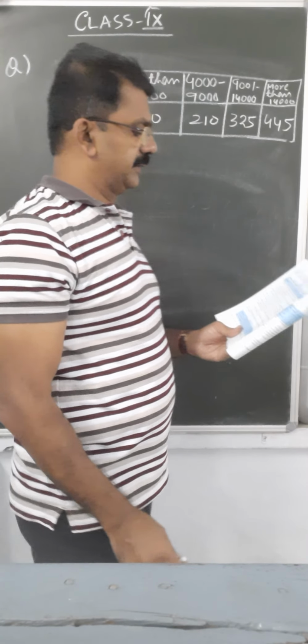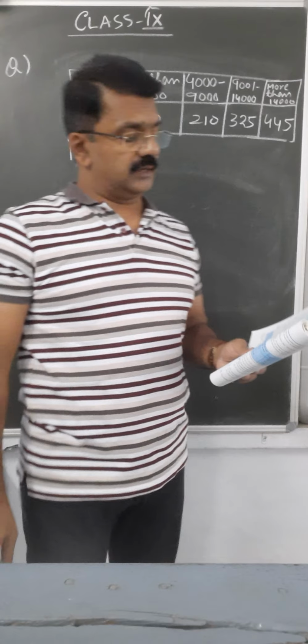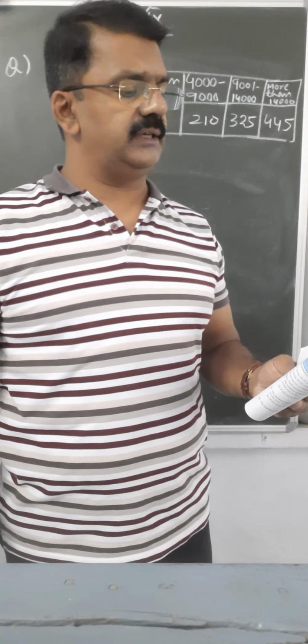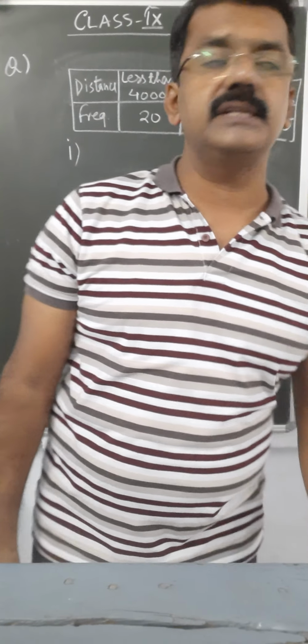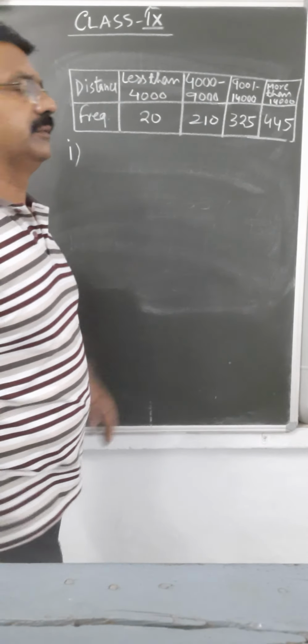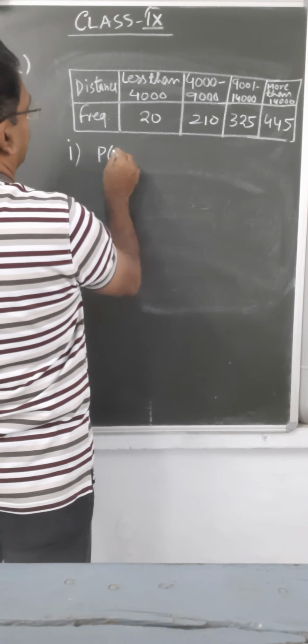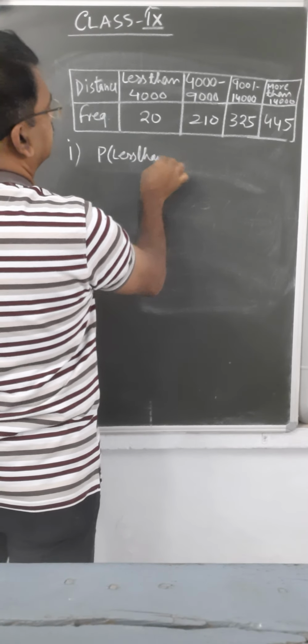Now the first part: find the probability that the tire has to be replaced before it has covered 4000 km, meaning less than 4000 km. So the probability of less than 4000.